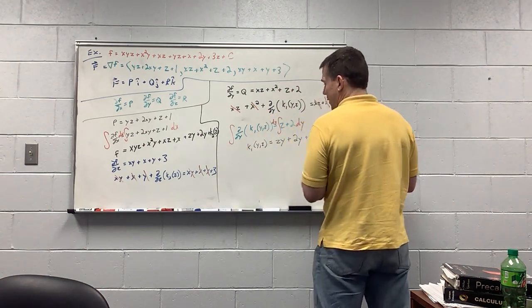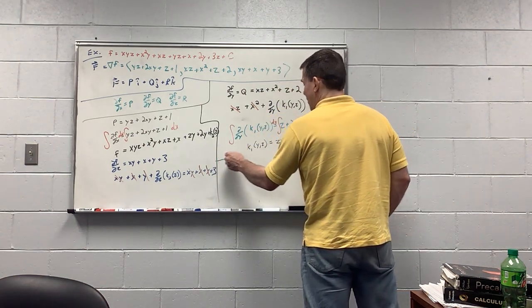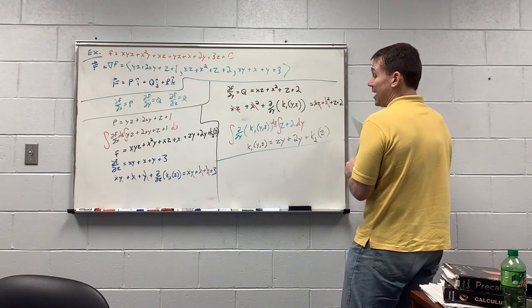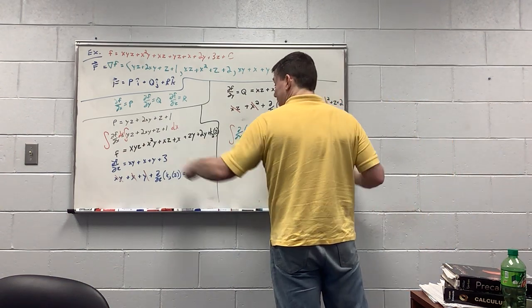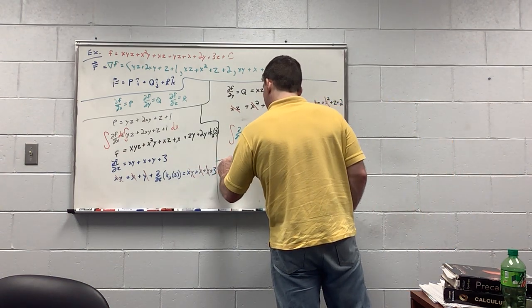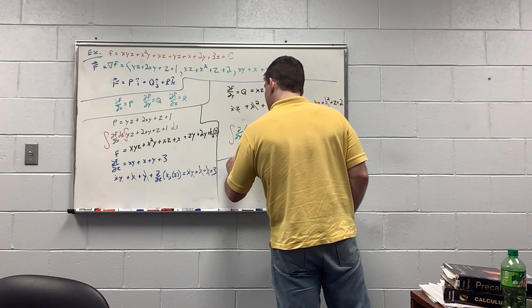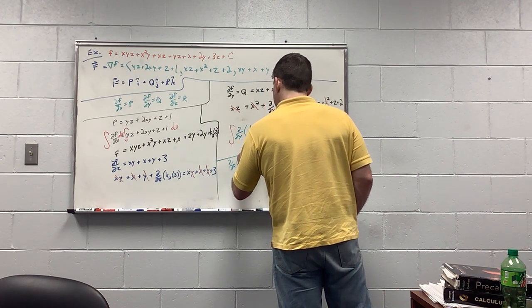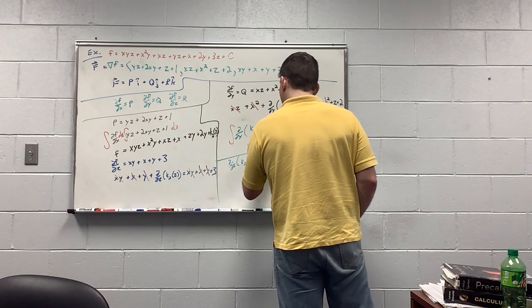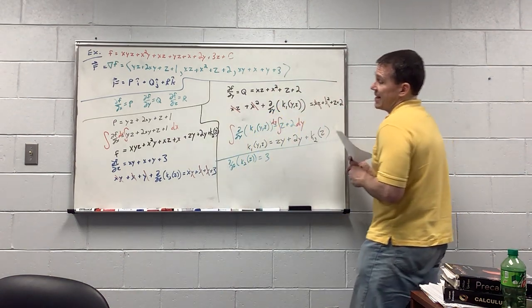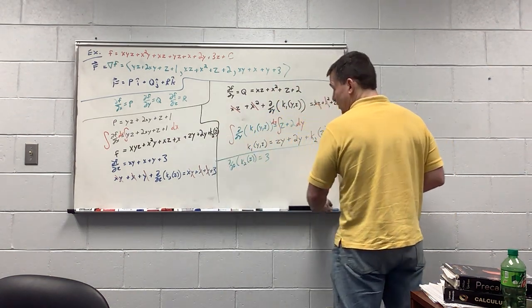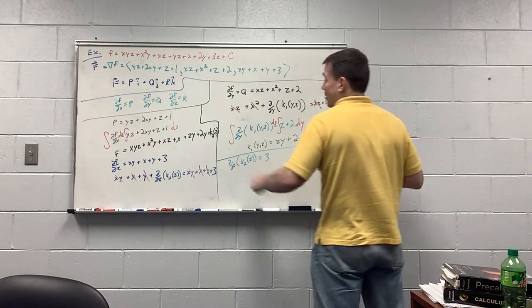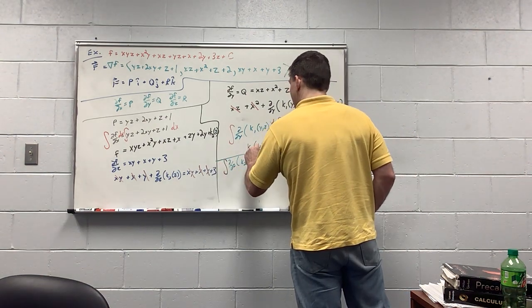And here's where, sadly, I am just about out of room, but we are just about done. All I'm left with is the partial with respect to z of k sub 2 of z is equal to 3. Now, since I need to figure out what k sub 2 of z is, integrate with respect to z.